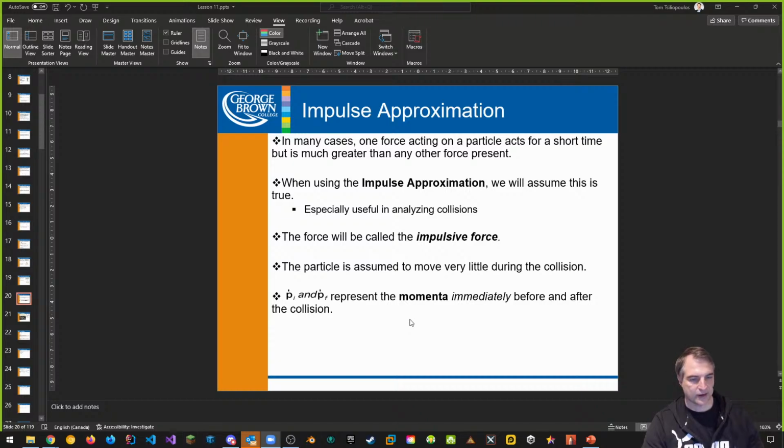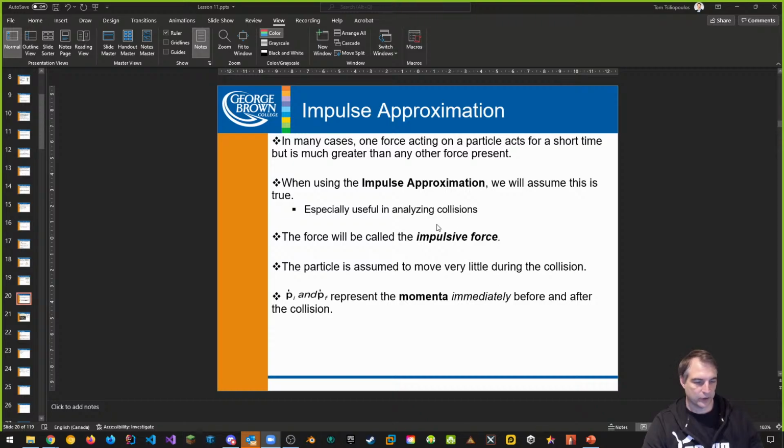So in many cases then, if we get the average impulse, this idea of an impulse approximation, we will assume that a couple things are true. The force that we're going to use is going to be called the impulsive force, and the particle is assumed to move very little during the collision. So when they collide, as an example, there's not so much movement.